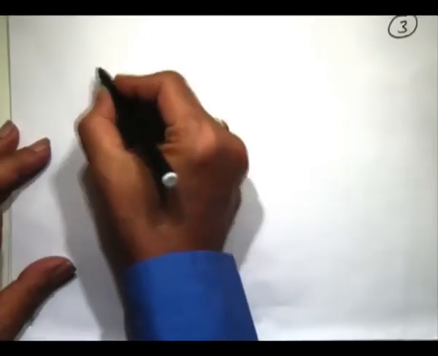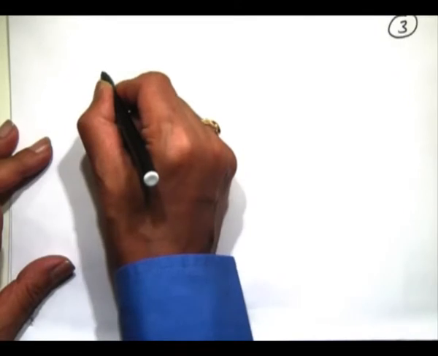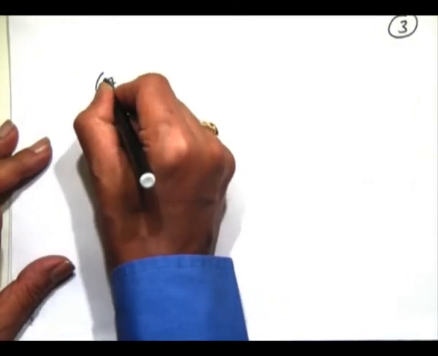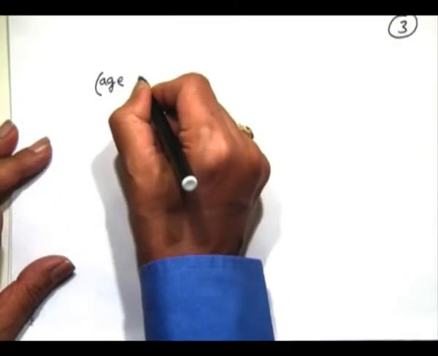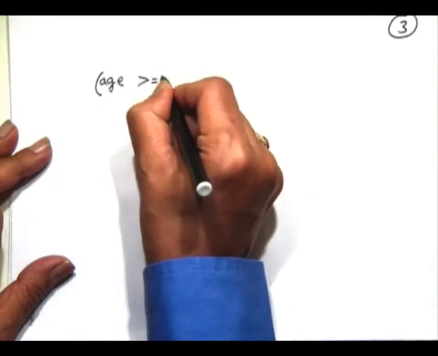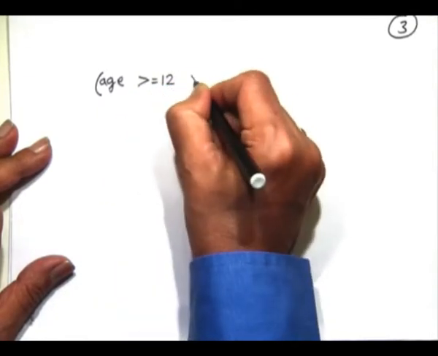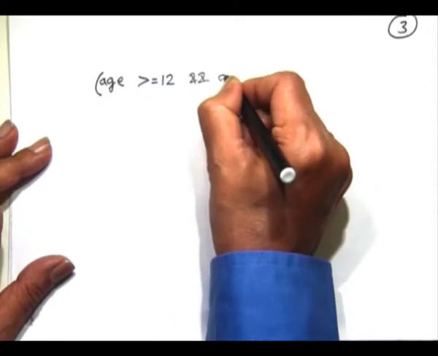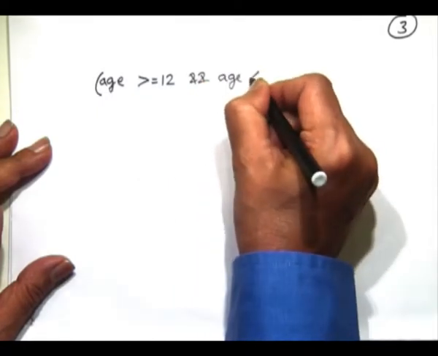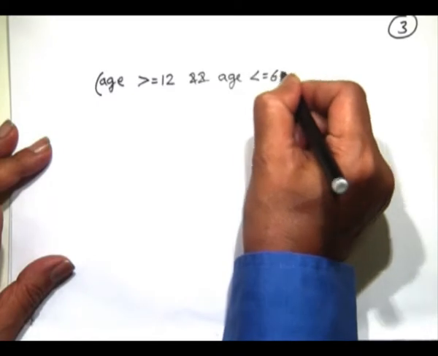You remember the bus travel problem where we said the age of a person, if it is greater than 12 but less than 60, then the person should pay whatever, 20 rupees. Such a condition could be written as age greater than equal to 12 and age less than equal to 60.